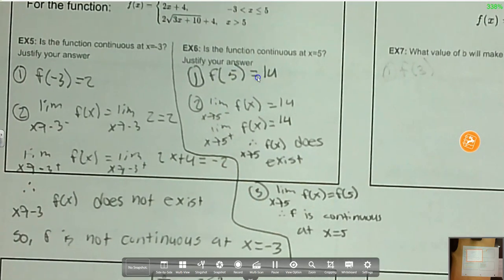Okay, so definitely we've got f of 5 equals 14. I think it's probably okay that Kendall did not show work there. Then Kendall showed the limit as x approaches 5 from the left and the limit as x approaches 5 from the right, and says 14 for both of these, which is correct. And then therefore the limit does exist.